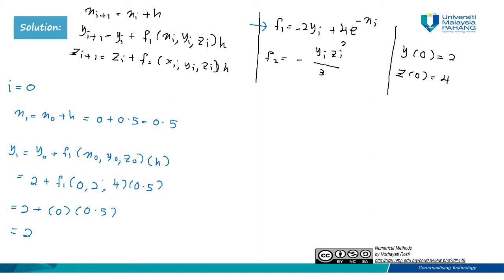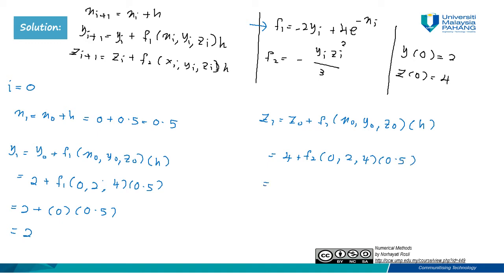And then how to calculate our z? By using the third formula, z1 is equal to z0 plus f2 of x0, y0, z0 multiplied with h. So z0 is 4, f2 of x0 equal to 0, y0 equal to 2, z0 equal to 4, multiplied with 0.5.